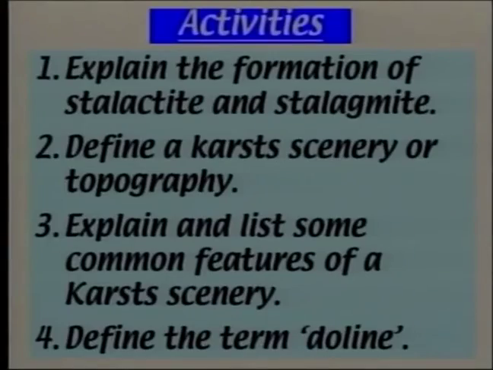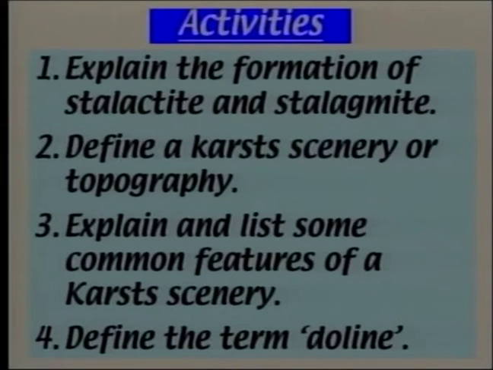Okay, now for you to do some activities. You have 4 questions I'd like you to work on. Number 1, explain the formation of stalactites and stalagmites. Number 2, define what a karst scenery or karst topography is.